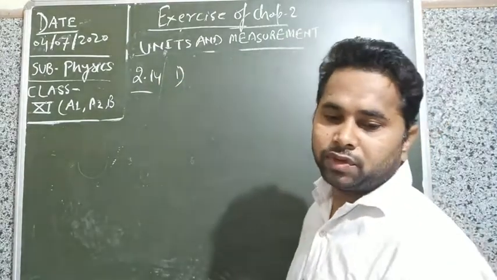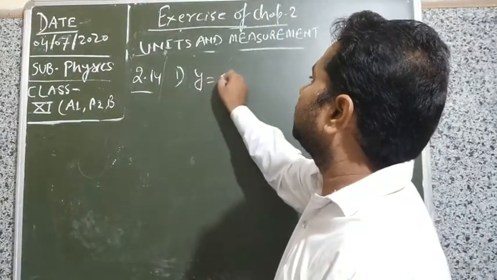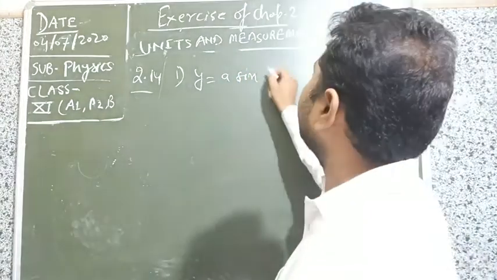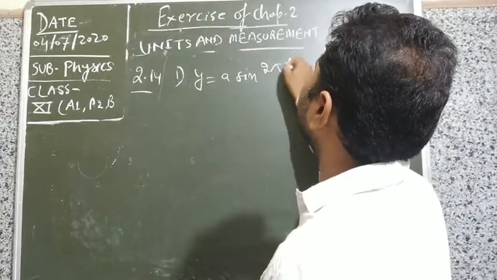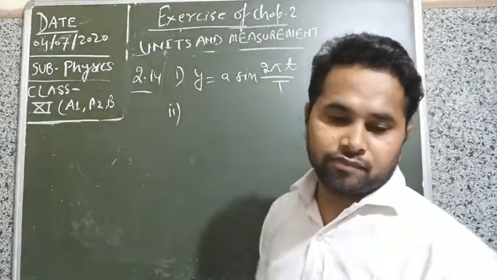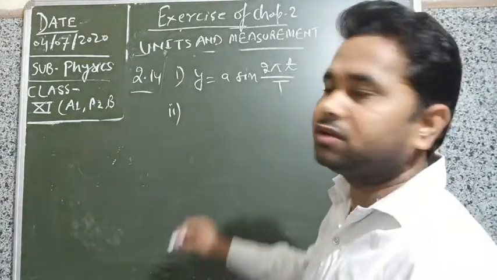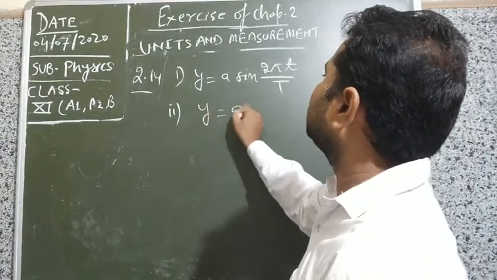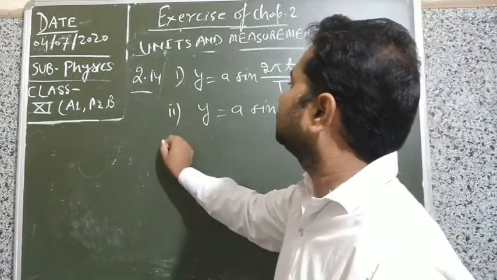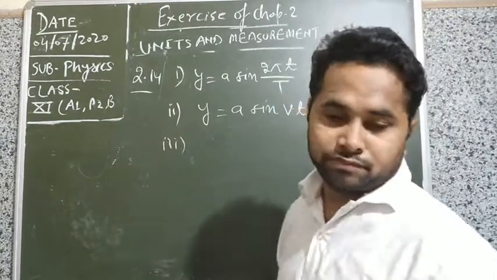First is y equals a sin 2 pi t by capital T. Second is y equals a sin vt.